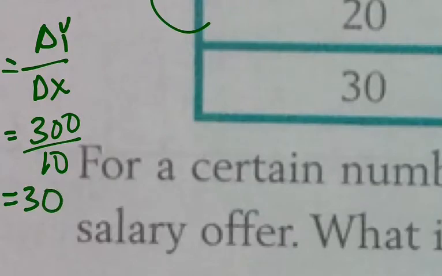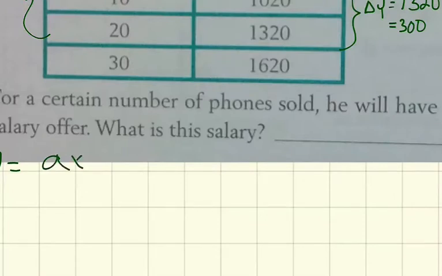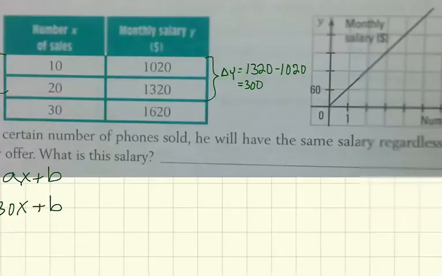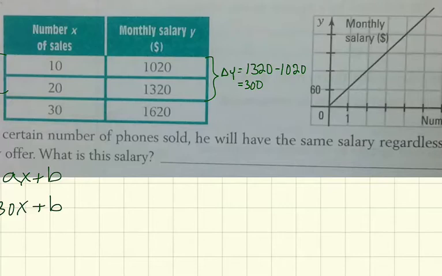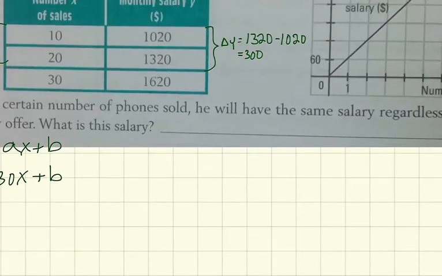And then we just have to find the B. So we know the equation is going to be Y is equal to AX plus B, and the A is 30, so 30X plus B. I'm just going to plug in a point, and it doesn't matter which. I'm going to take the first one because it has a 10 in it, and 10 is a fun number to work with. So when X is equal to 10, Y is equal to 1020.